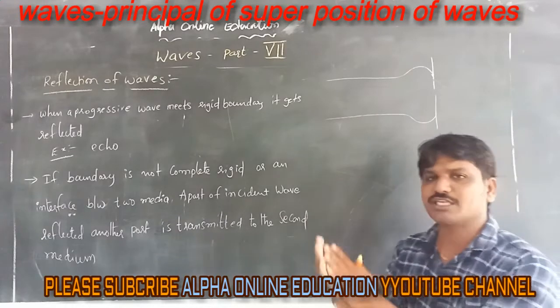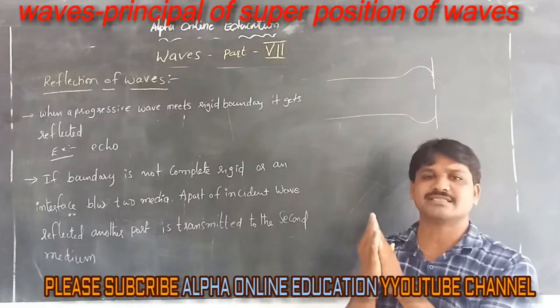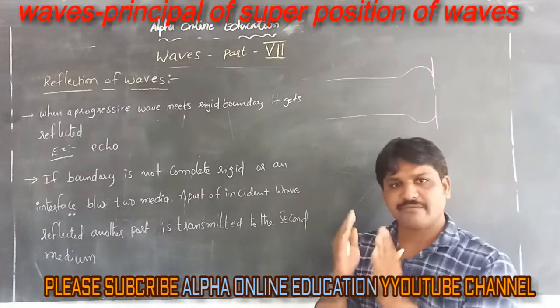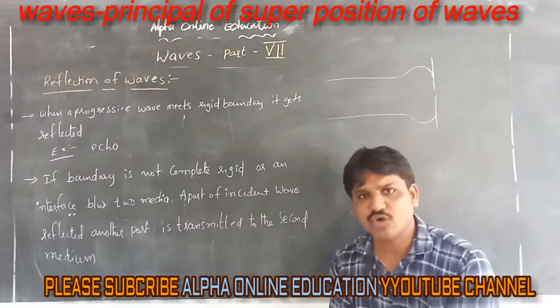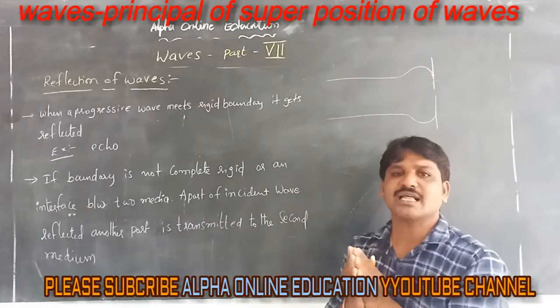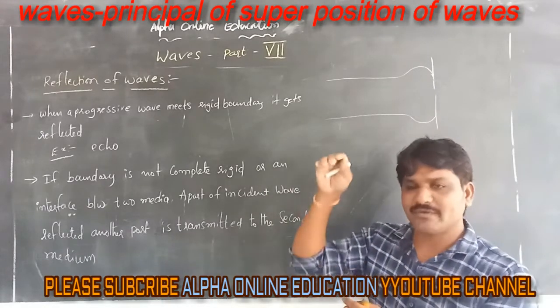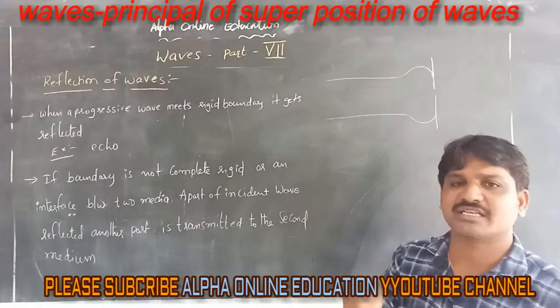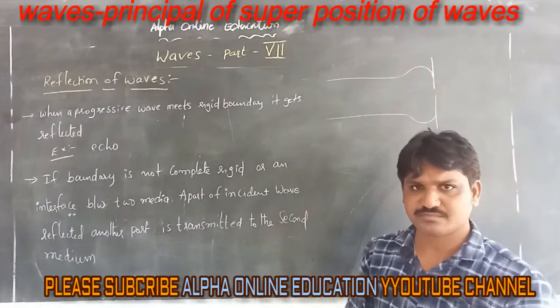If the rigid boundary is not fully rigid, and is an interface between two media, then the wave incident on the interface is transmitted to the other medium, that is the refracted wave.